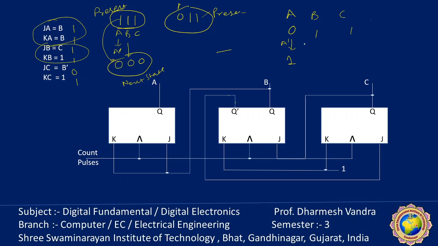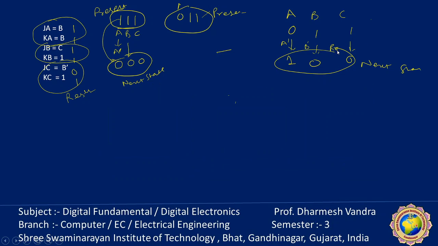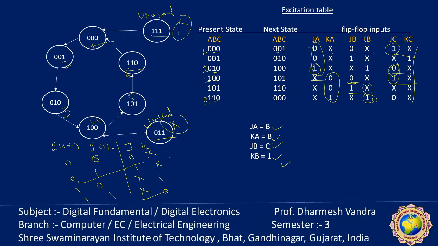JB, KB both are 1 1, so B dash. And C reset. So the next state is 1 0 0. Okay, and here in this circuit, next state is 1 1 1 for the other case.